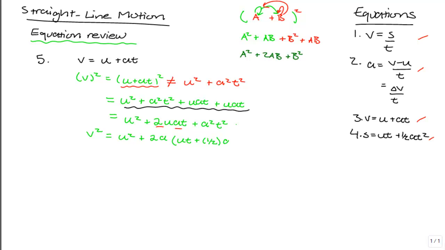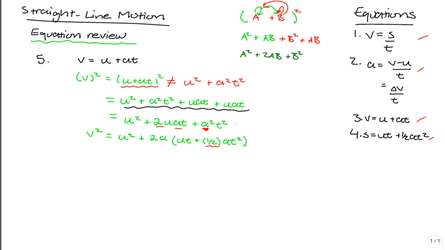Alright, the reason for this half, this 1 over 2 that you see turning up, is because this a in the equation above was by itself. In other words, it was being multiplied by 1.